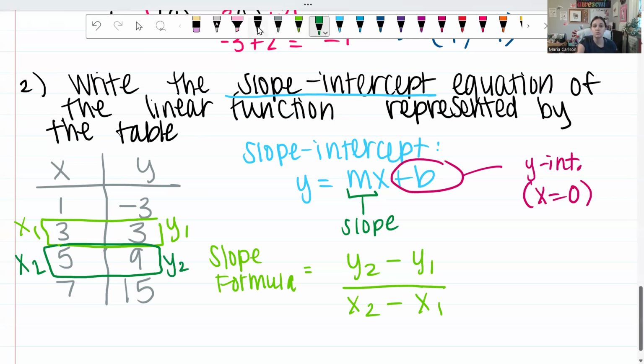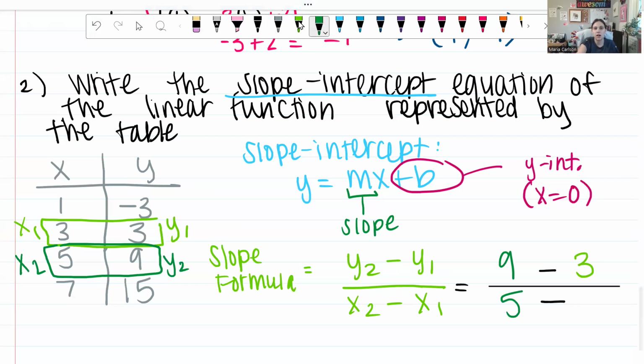Now, using my slope formula, I always like to set up my structure first. I have a fraction, with 2 things being subtracted in the numerator and the denominator. My y2 value we labeled as 9, minus our y1 value we labeled as 3. Our x2 value we labeled as 5, minus our x1 we labeled as 3.